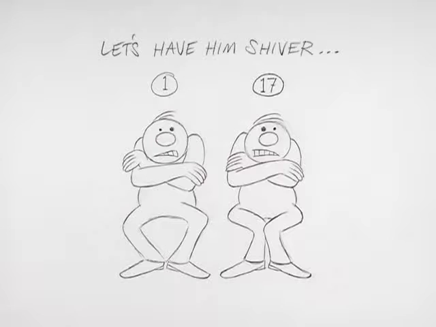Let's have this guy shiver. We'll in-between 1 and 17. And now in slow motion, we're moving back and forth through the in-betweens.